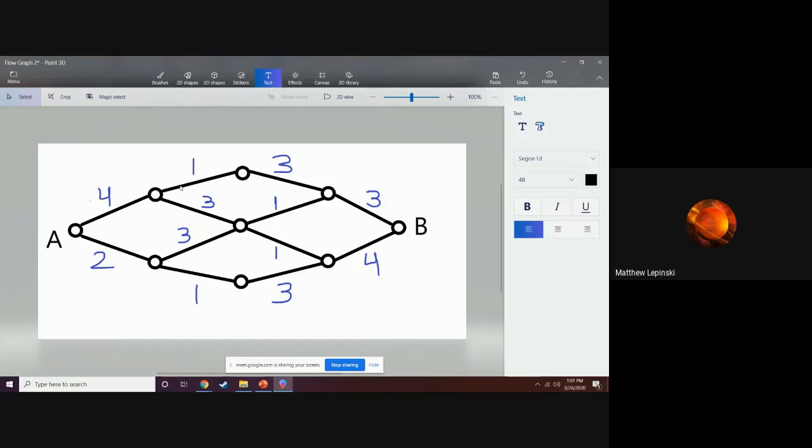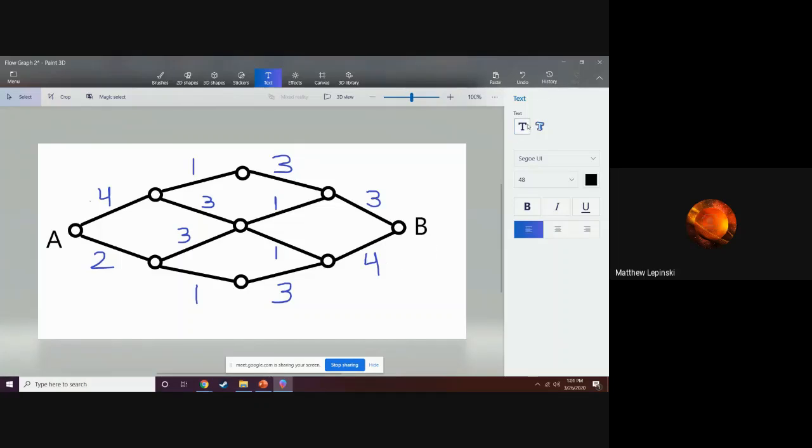Maybe these circles are warehouses, and these are shipping lanes or trucking lanes that I can use to move stuff from A to this warehouse, and then to this warehouse, and then to this warehouse.